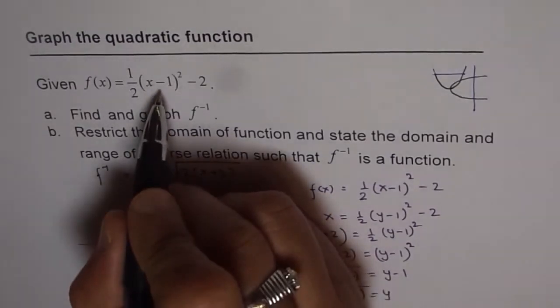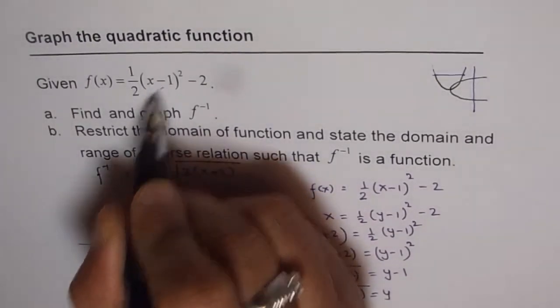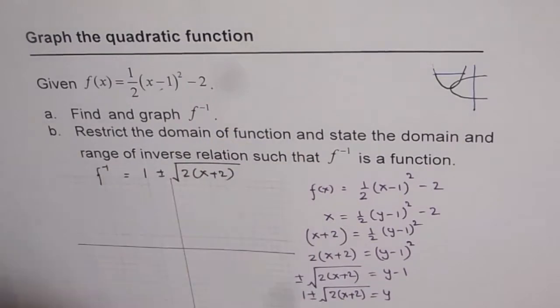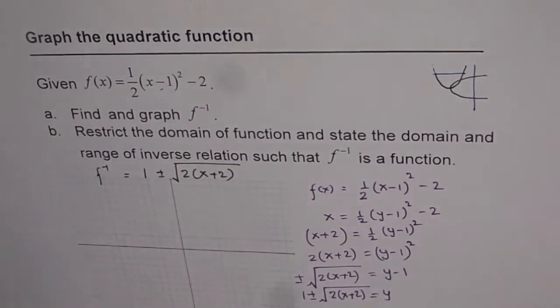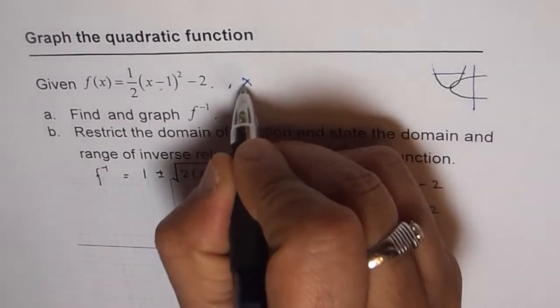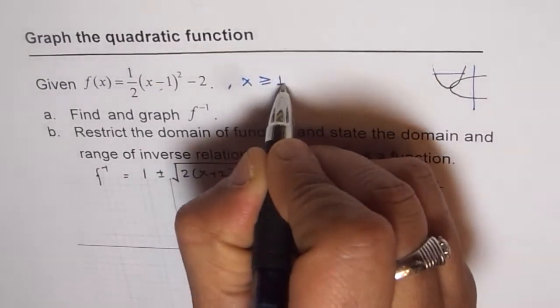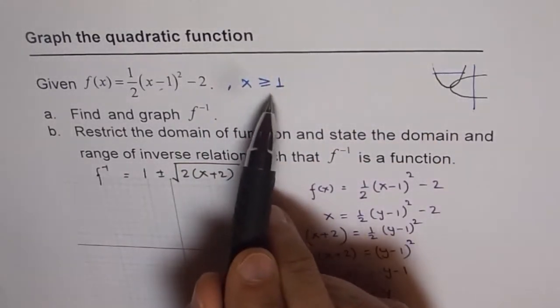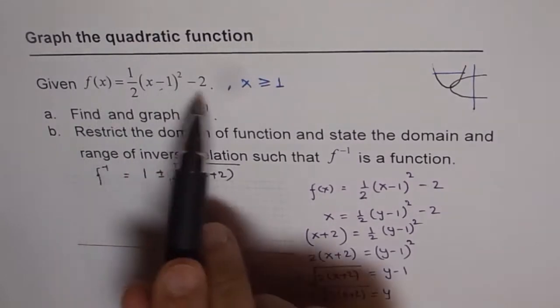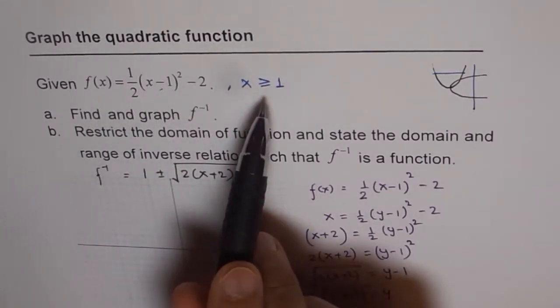The best point to restrict the domain is from the vertex itself. The vertex is at x equals 1. So let us restrict it to x greater than or equal to 1. If we restrict this, then the inverse will be a function.